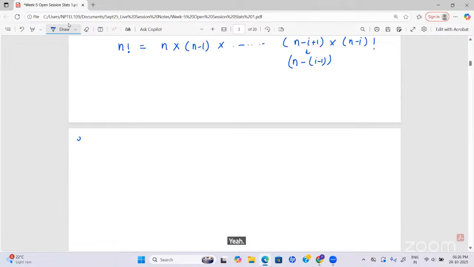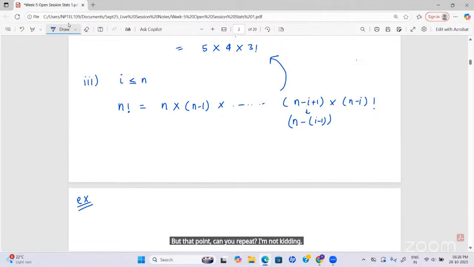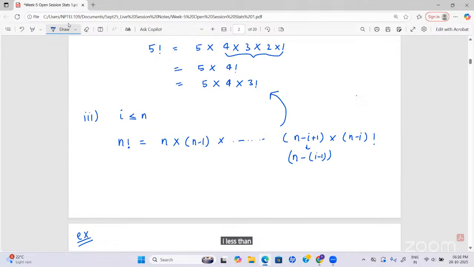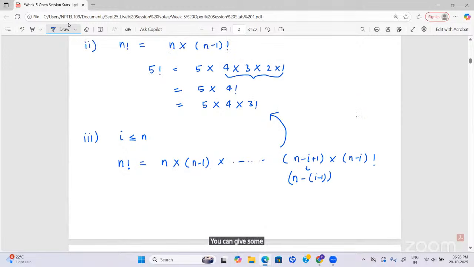Ma'am, on the third point, can you repeat? I'm not getting this, i less than n. Or you can give us some examples with i less than n. I'm not clear on this. Okay, we'll take this example only.